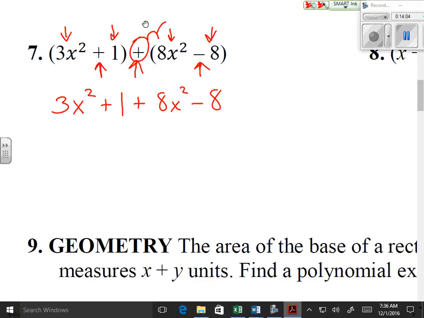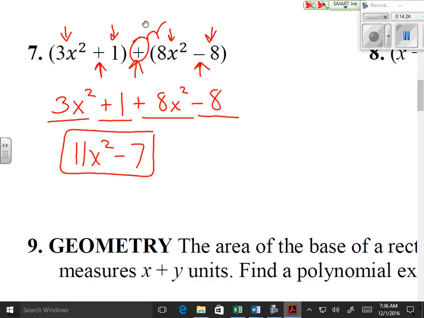Collecting like terms is not the same as simplifying all that multiplication we were doing. 3x squared plus 8x squared, this is Algebra 1 stuff. This is not anything new. That's just 11x squareds. And then 1 minus 8 is a negative 7. That's not a new type of problem.